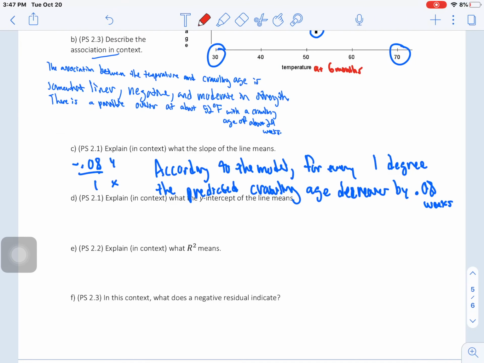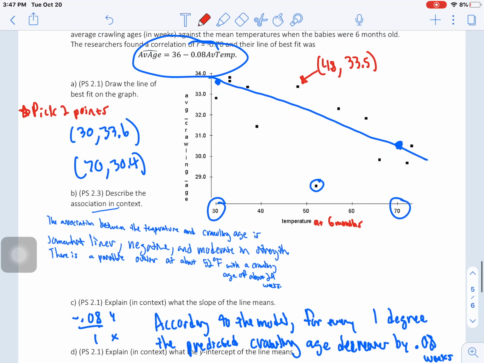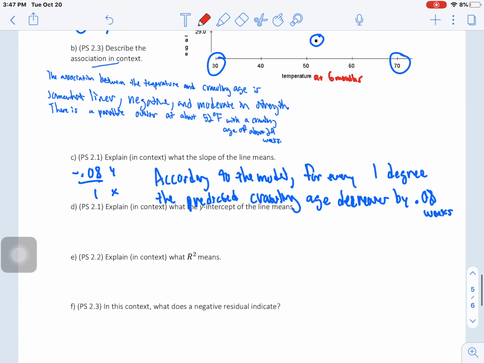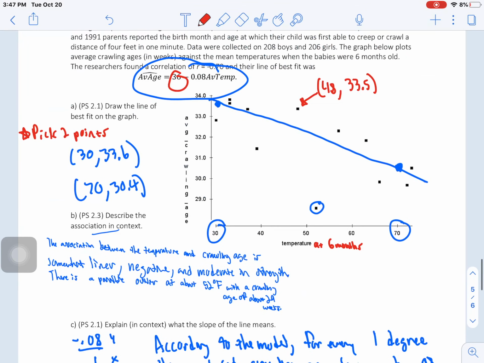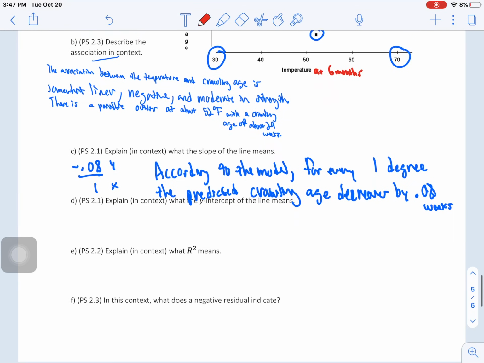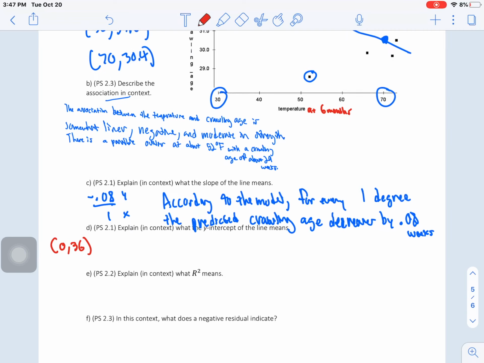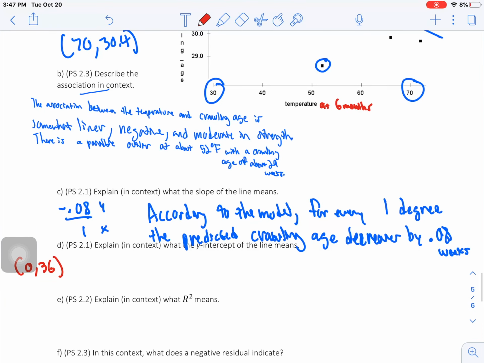All right, explain in context, what does the y-intercept mean? Well, the y-intercept over here was at 36. So remember what a y-intercept is? It's the point (0, 36). And y-intercept, to be honest, is pretty strange when it comes to linear regression. Sometimes it doesn't even make sense.